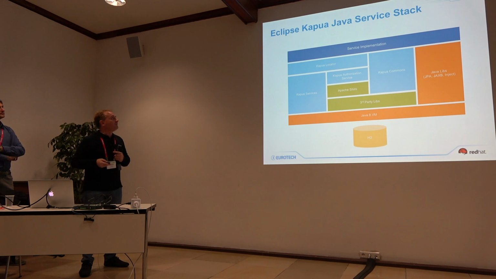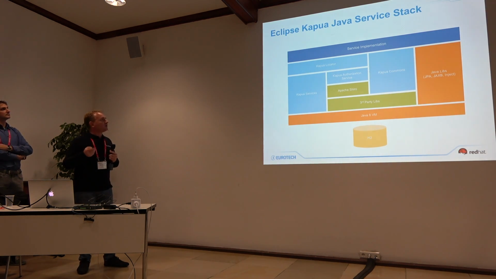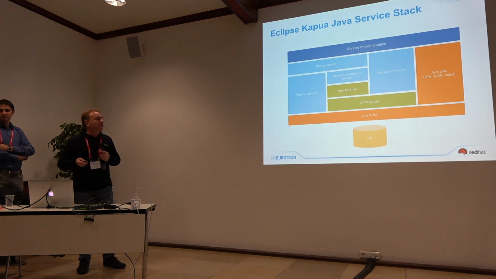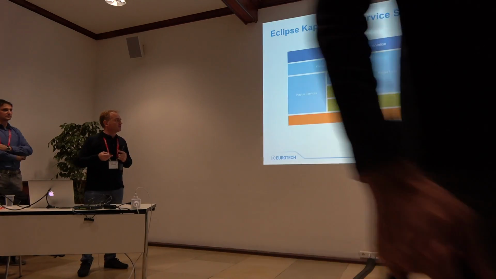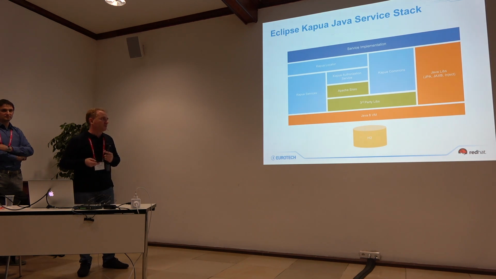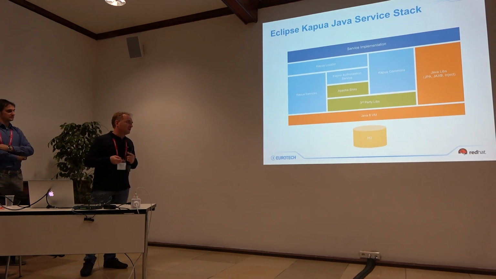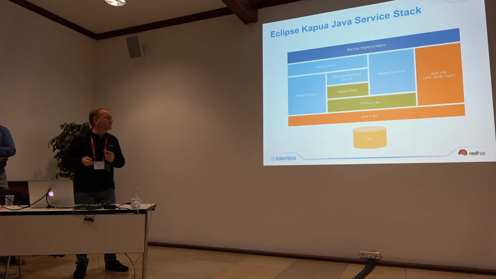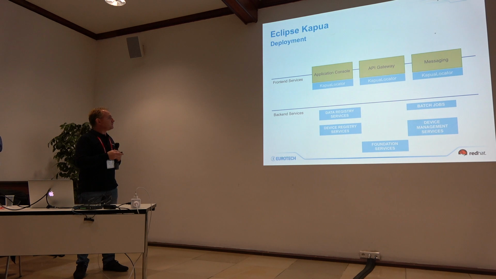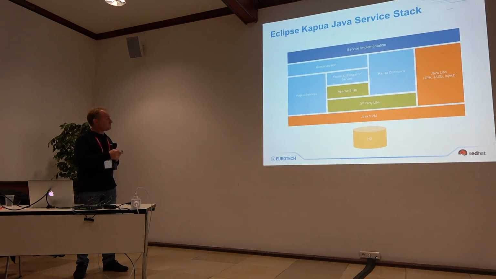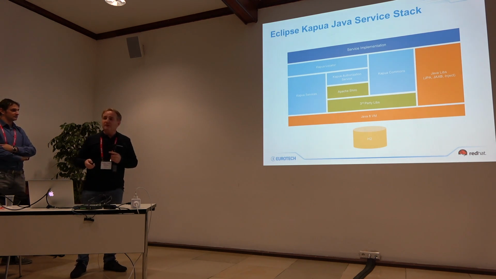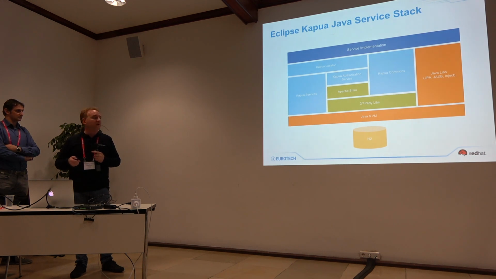So the basic technology stack for service implementation: a Kapua service is based on a Java 8 virtual machine. We have some third-party libraries that help to manage common tasks, and then we provide, with those blue boxes here, some helper projects that make the implementation easier and faster.